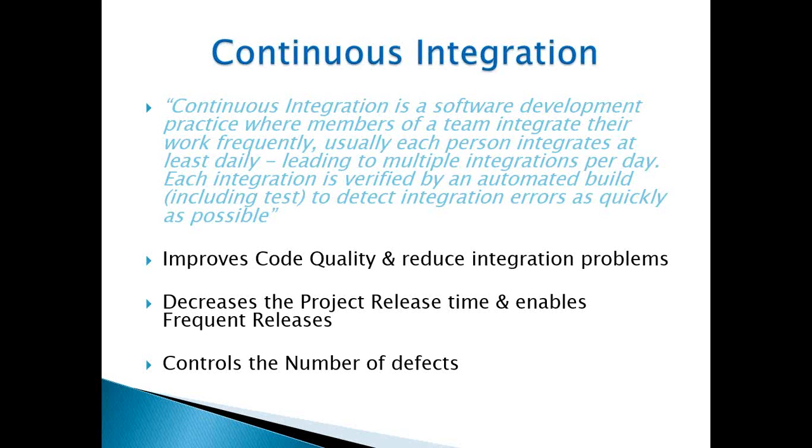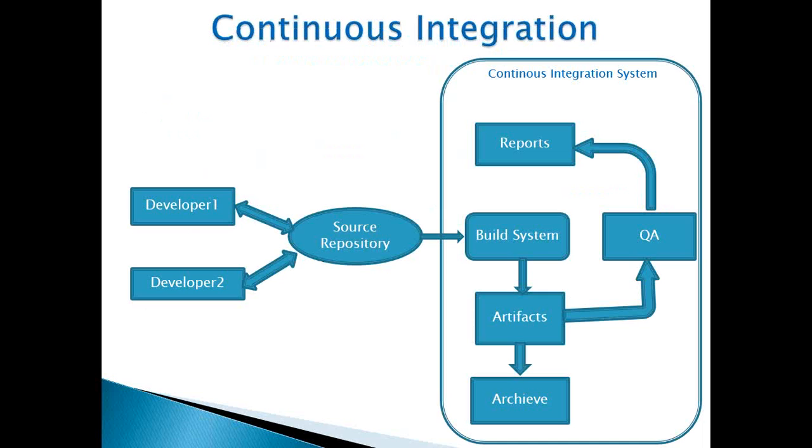Whenever we have a release, we can control the number of defects also, because daily we are integrating the code, running the automated build, identifying the defects, fixing them and committing again. So we can control the number of defects. This is the continuous integration system process.